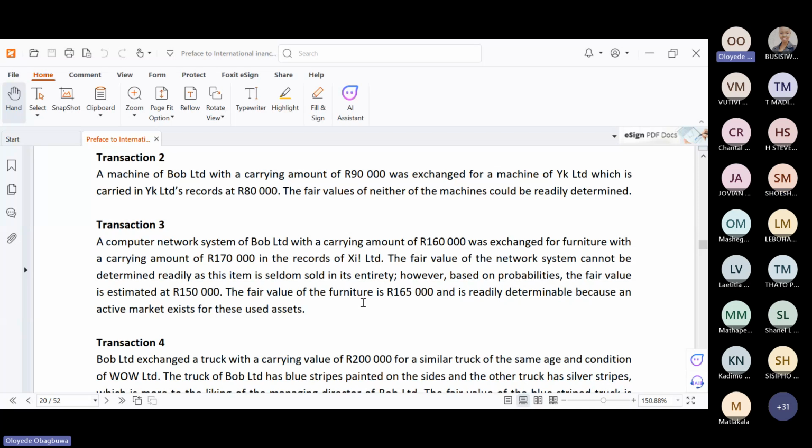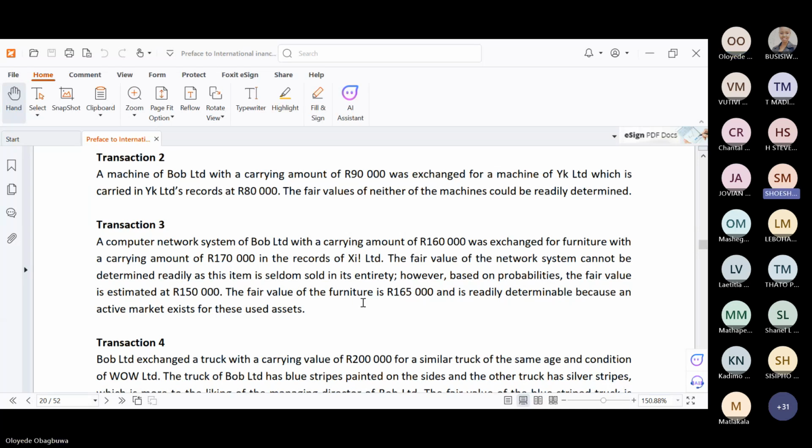Okay, a computer network of Bob Limited with a carrying amount of 160,000 was exchanged for furniture with a carrying amount of 170. Now, the market value, the fair value of the network system cannot be determined, but the fair value of the furniture can be determined at 165.